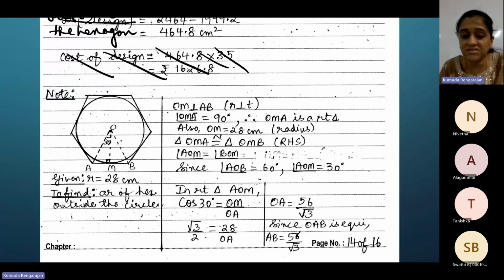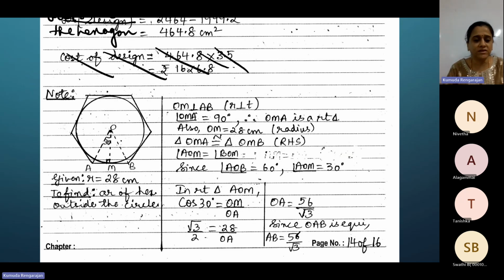A circle of radius 28 centimeters is inscribed in a regular hexagon.